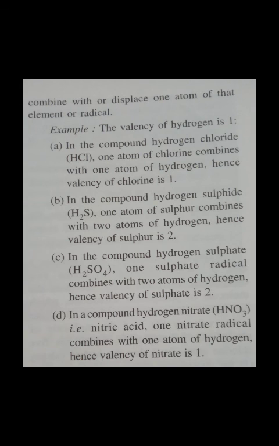We have two parts, H and Cl. H is coming first, it is the cation, and the next one is the anion. Always the cation is written first, right? So H is positive 1, Cl is negative 1.